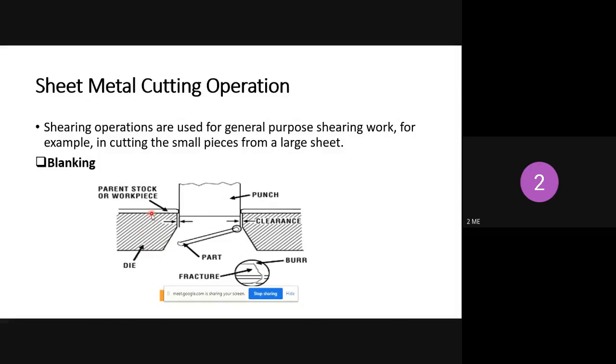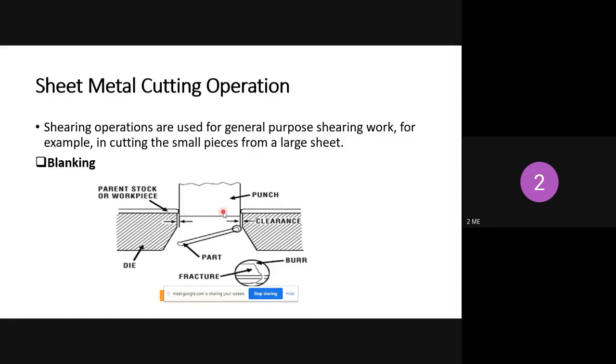Next, the stripper holds the workpiece properly in the die. Then the punch. For what purpose are we using the punch? Applying pressure to the workpiece. The punch applies pressure to the sheet metal, and because of that pressure the sheet metal will cut.